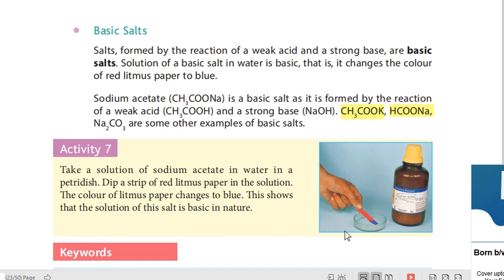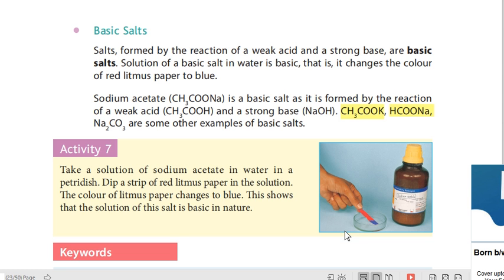Again, for them one activity is given here. We'll take a sample of these salts, make a solution in water and take it in a petri dish. Now I'll put red litmus paper in this solution and you'll find that the litmus paper changes its color from red to blue.